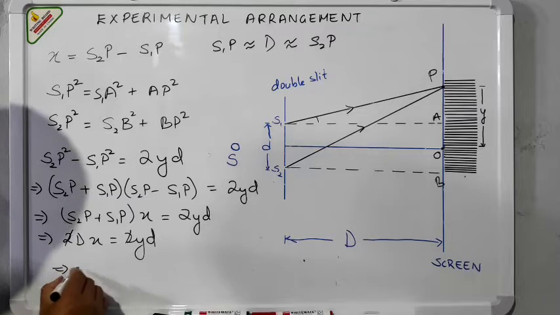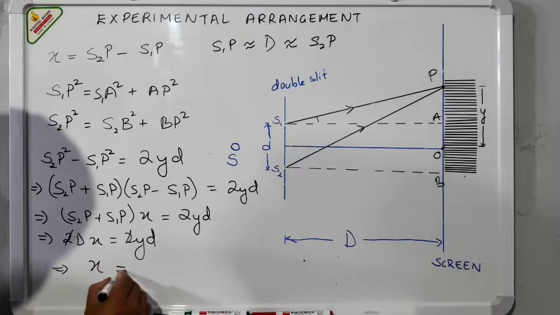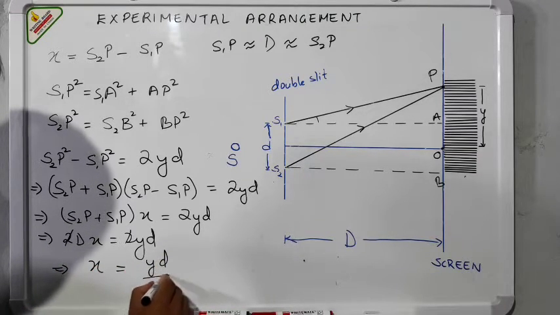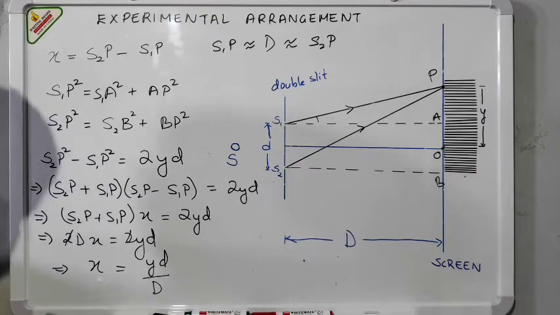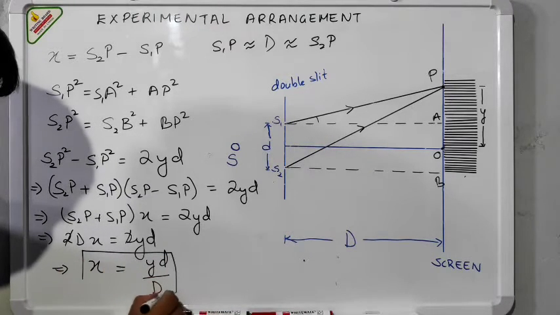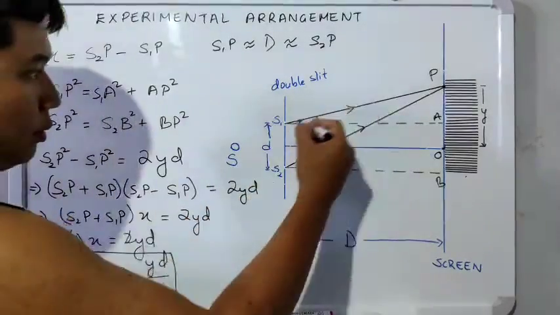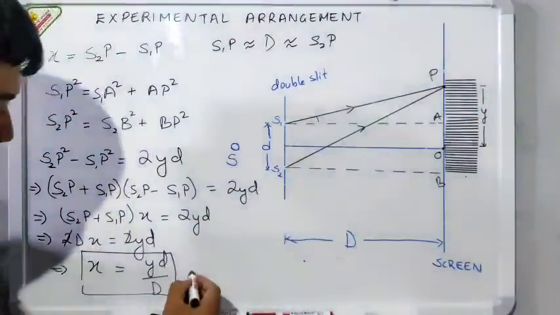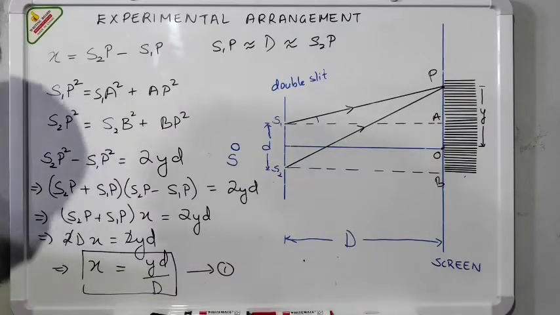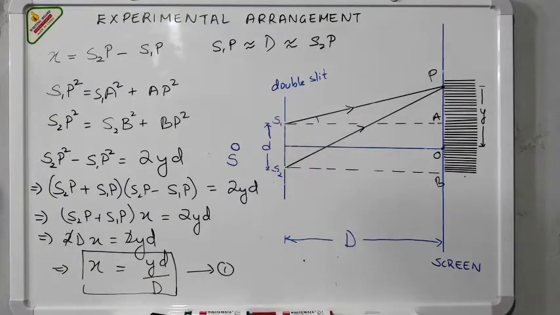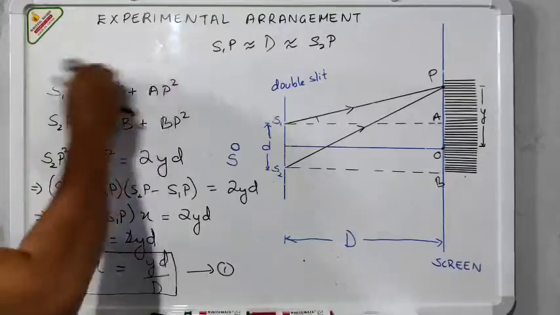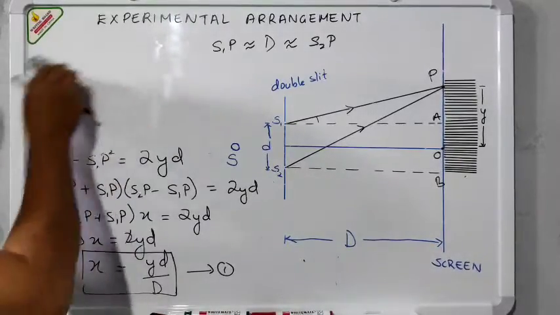Then we have the path difference: x is yd by capital D. This is the expression for the path difference between S1P and S2P.